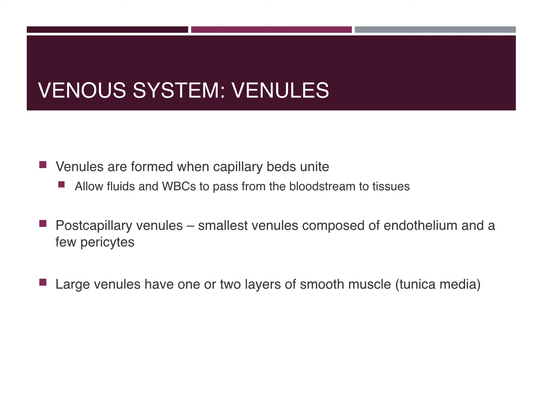These can be the smallest ones, and so they'll have a layer of endothelial cells, basement membrane, and then a few pericytes. Then those will feed into larger venules. So this will actually have some smooth muscle. So we'll have a tunica intima, tunica interna, whichever term you're using, and then a middle layer, the tunica media. And so again, the media layer is made up of the smooth muscle.